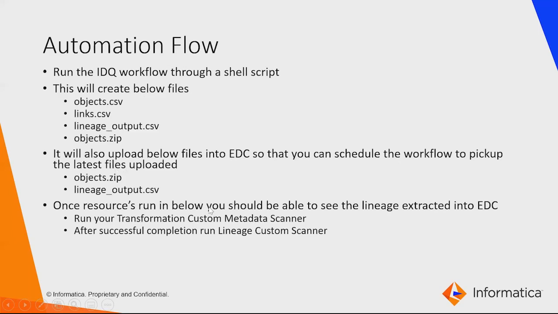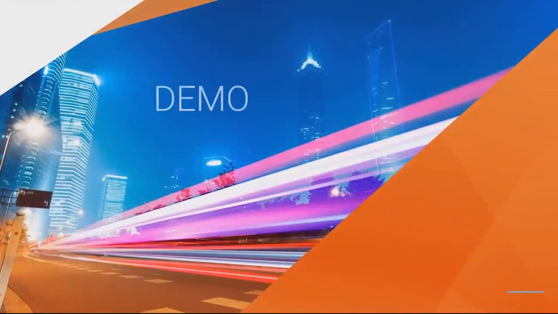Either you can extend this shell script to simply add a couple of curl commands to run the EDC scanners automatically, or you can run the scanners manually from the Catalog Administrator UI of EDC. So at a high level, this is the automation flow which we want to showcase before we jump into the demo. So with this, let us start the demo.